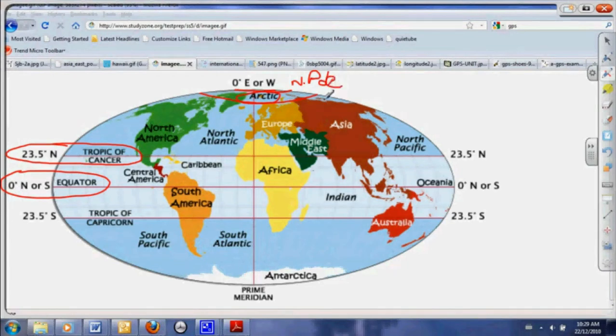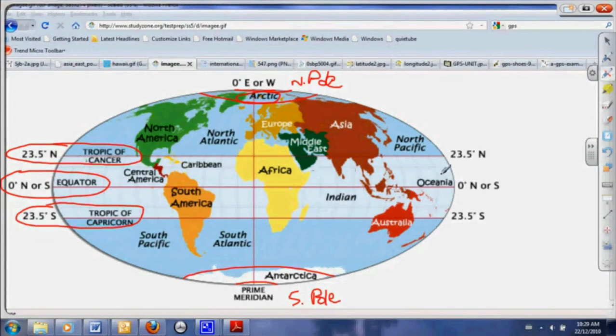Now if I work my way south, we have 23.5 degrees south, which is the Tropic of Capricorn. 66.5 degrees south is the Antarctic Circle. And then at the very, very bottom is 90 degrees south, and that is the South Pole. And those are my major lines of latitude.